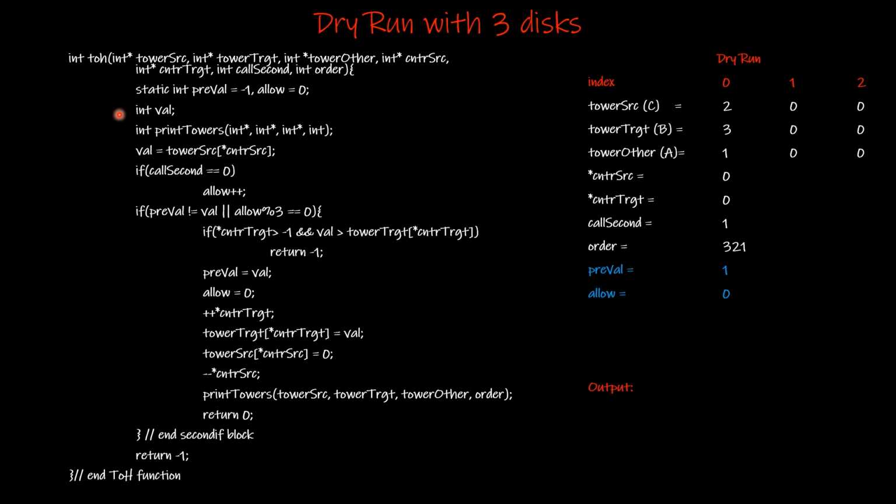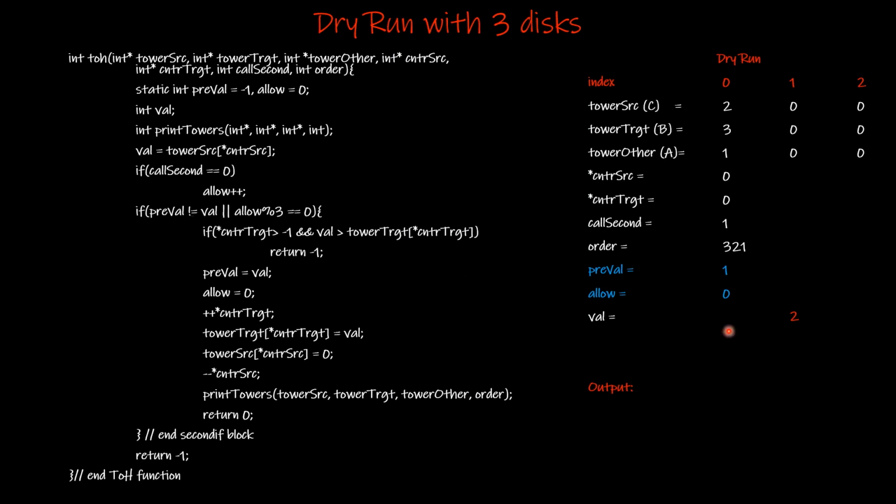Then print tower is declared. Then val is assigned the value of tower source at counter source, which is this value, so val becomes 2. Then the if condition is checked: is the condition true? No, it is not true, so allow is not incremented. We go to the next if condition: is pre-val not equal to val?